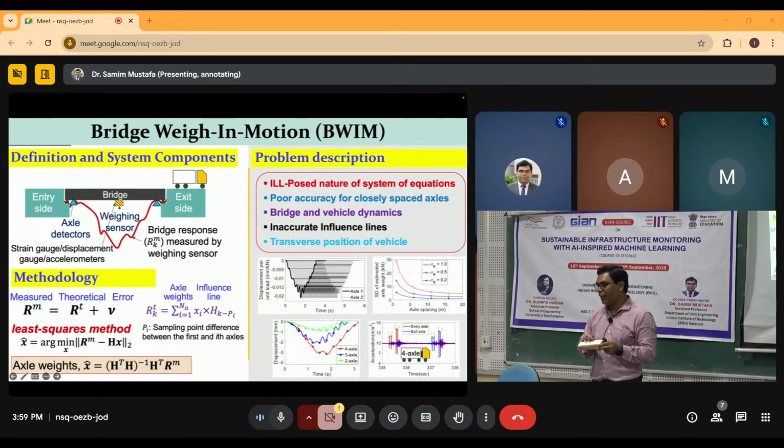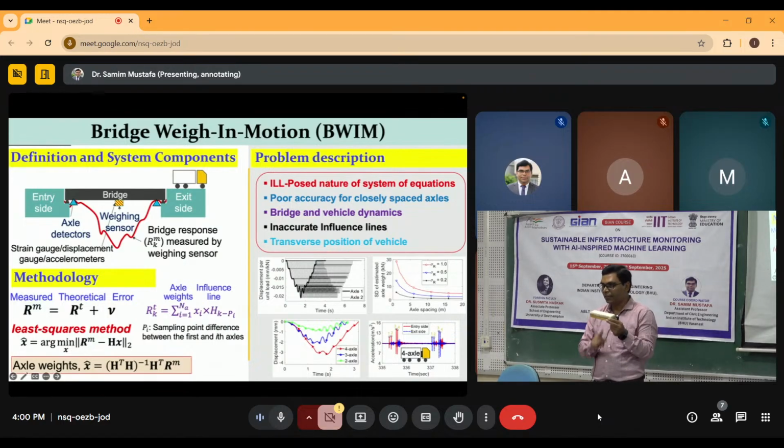So before applying bridge weigh-in-motion, what you need to do? You run a calibration vehicle. Calibration means a vehicle with known axle weight. Okay, so that exercise you have to do one time. You measure the vehicle weight, run it over the bridge, and measure the response. Since you know the weight of the vehicle, by solving a similar kind of equation, you identify the influence line of the bridge.